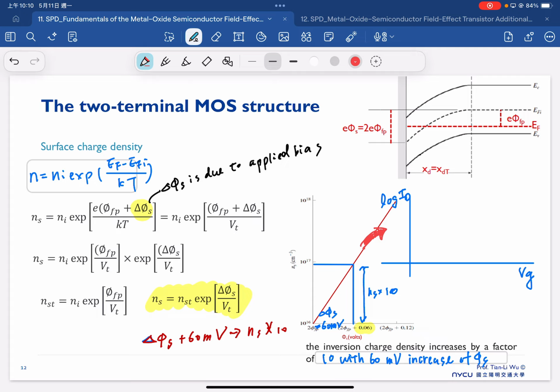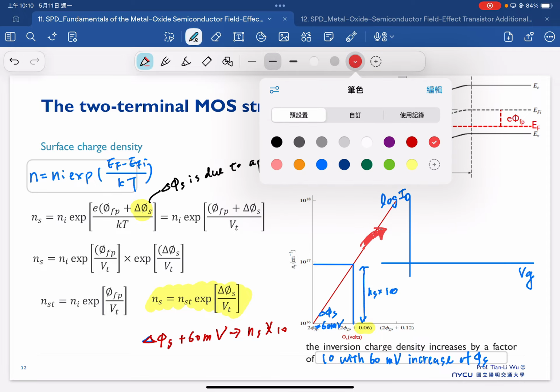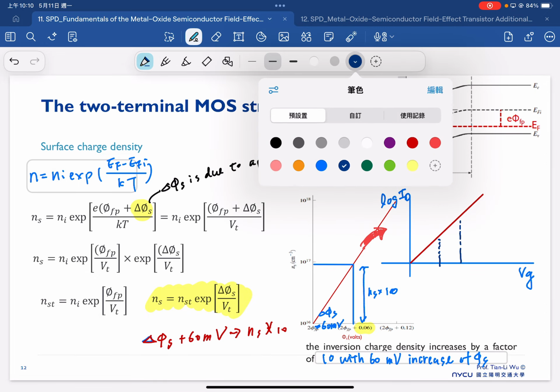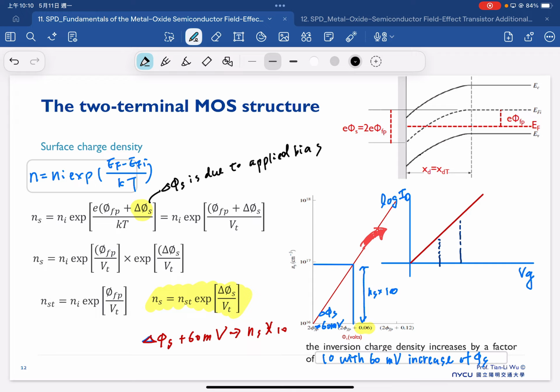So based on this correlation, if we analyze the base case with an additional VG equal to 60 millivolt, then our current should increase by one order.